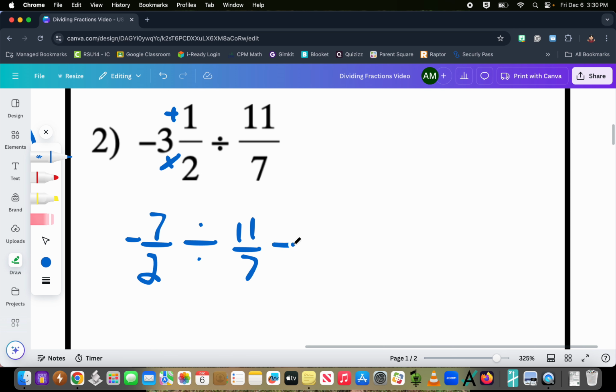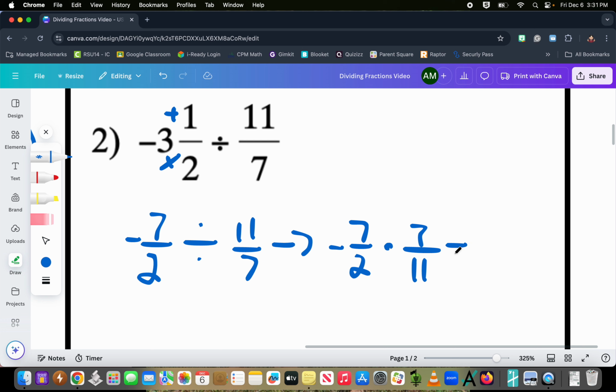Then I'm going to follow the same process. I'm going to keep my first fraction the same, so negative 7 over 2. Change division to multiplication and flip the last fraction, or multiply by the reciprocal. The reciprocal of 11 over 7 is 7 over 11. We want to make sure we don't say the opposite, because the opposite of 11 over 7 is negative 11 over 7. We're multiplying by the reciprocal, or flipping our fraction, okay?